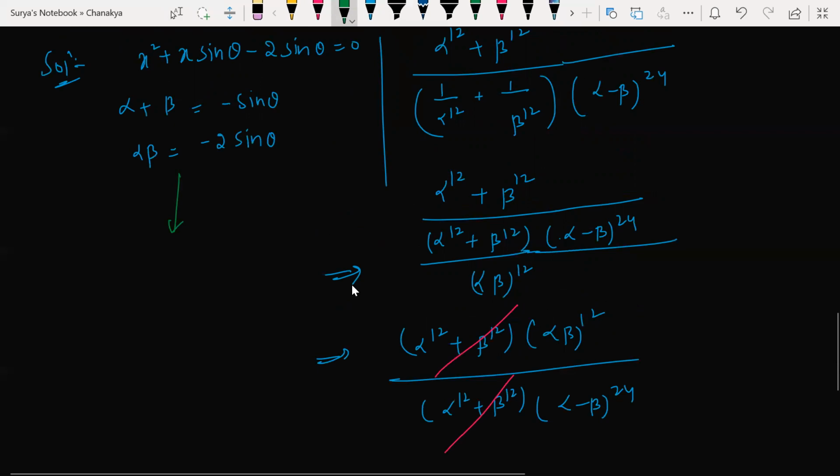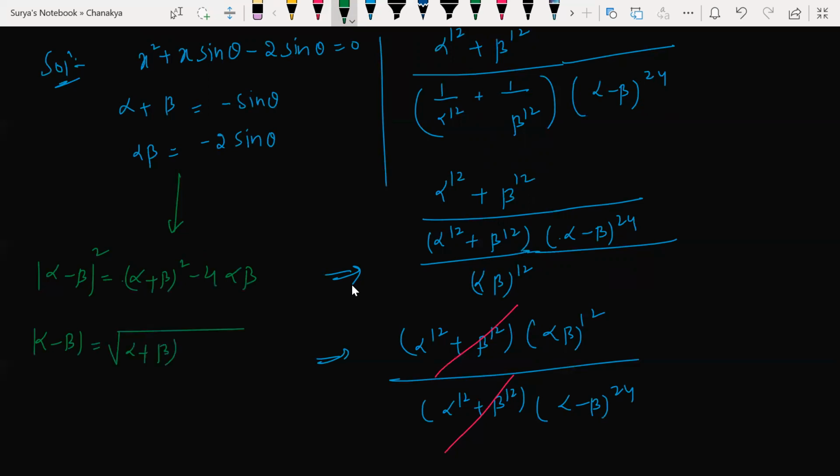So now look at this here. Alpha minus beta can be written as what? We'll take absolute value. Alpha minus beta whole square can be written as what, beta? Just now I told you, alpha plus beta whole square minus 4 times of alpha beta. Am I right? So alpha minus beta can be written as square root of alpha plus beta whole square minus 4 times of alpha beta.